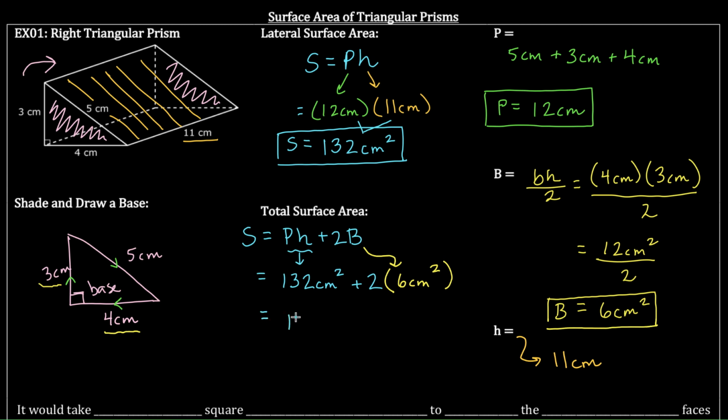So 132 square centimeters plus 2 times 6 is 12 square centimeters. And that means we get our total surface area of 144 square centimeters.